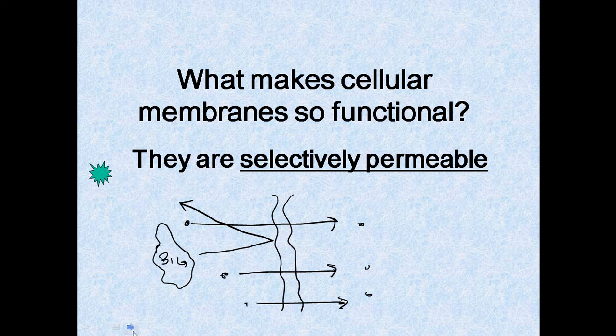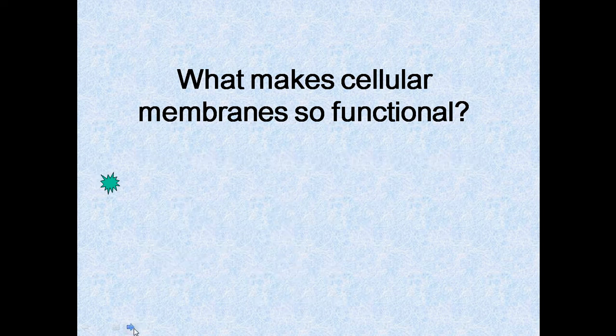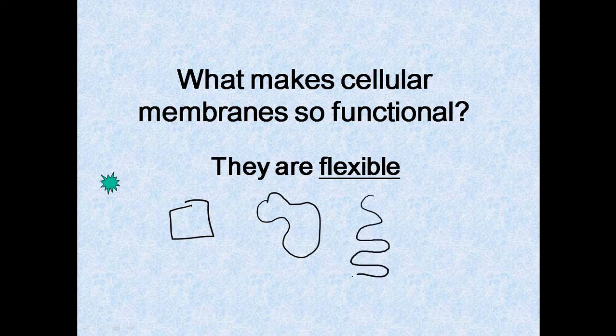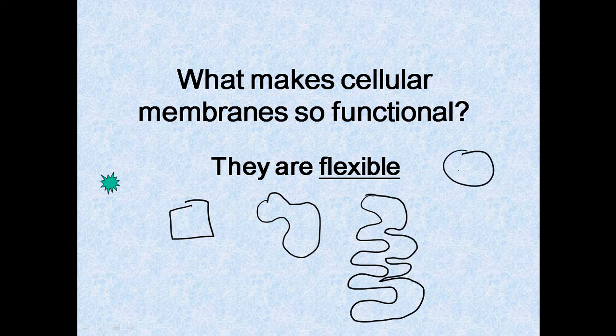That's right. Another thing that makes them so functional is that they are extremely flexible. This allows them to bend and to fold, and in those bends and folds, they create a lot of surface area. We think about cells as being like blobs that sort of sit there, but they're really dynamic.